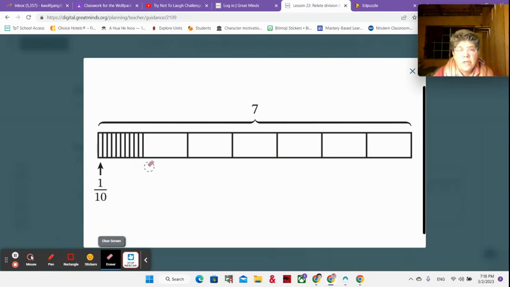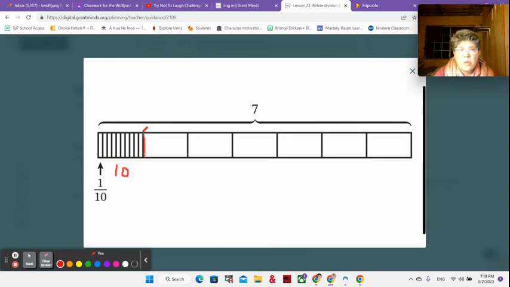7. This is 1 of 7, right? And that 1 is broken into 10 parts, and one of them is 1/10. So how many 1/10ths are there in 7? Well, in 1, there's going to be 10 of them, right? Does that make sense?